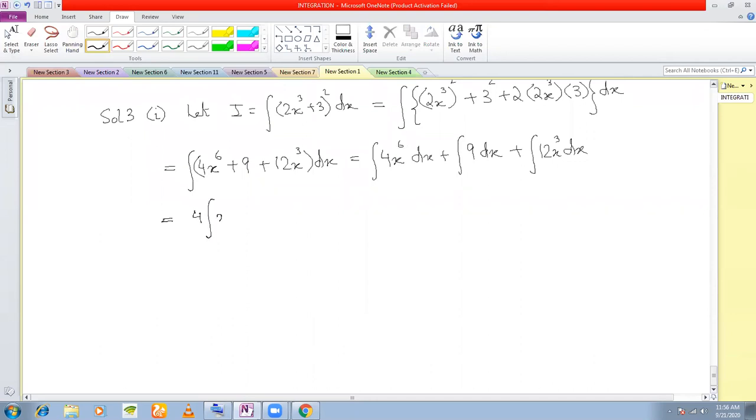You can write this as 4 integral x to the power of 6 dx plus 9 also is a constant, so you can take 9 out and simply write this as 9 integral. You can either write 1 dx, or you can simply write integral dx. Simple. And 12 you can take out. You can write this as 12 integral x cube dx.